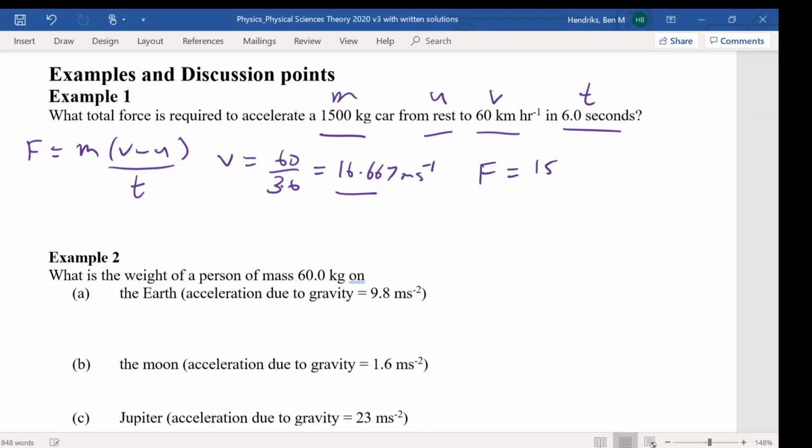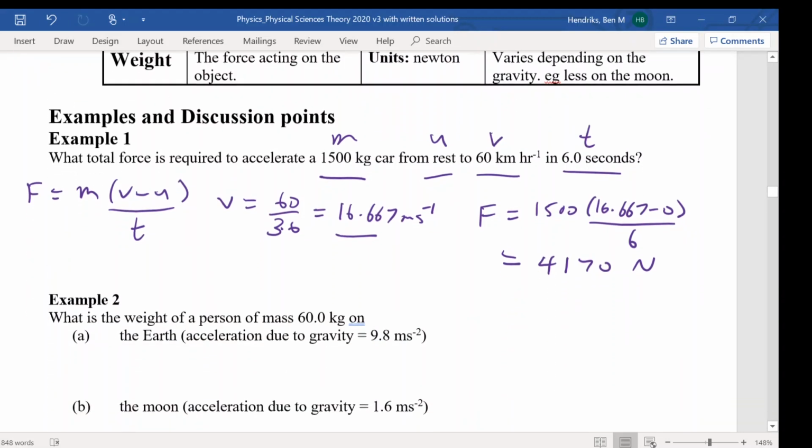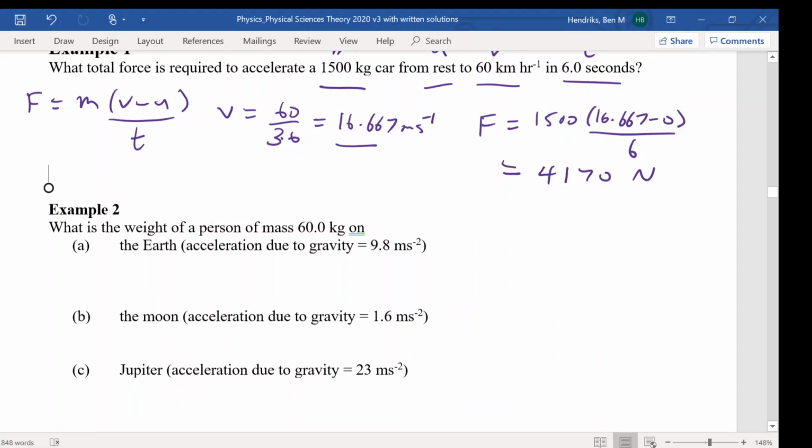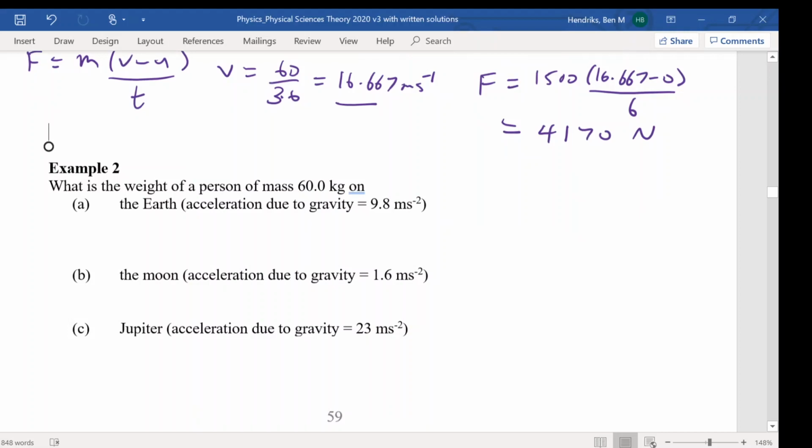Force is equal to 1500 times (16.667 minus 0) all over 6, and that is equal to 4,170 newtons, to 3 significant figures. Just to remind you, in the course 3 significant figures is acceptable in an exam situation.